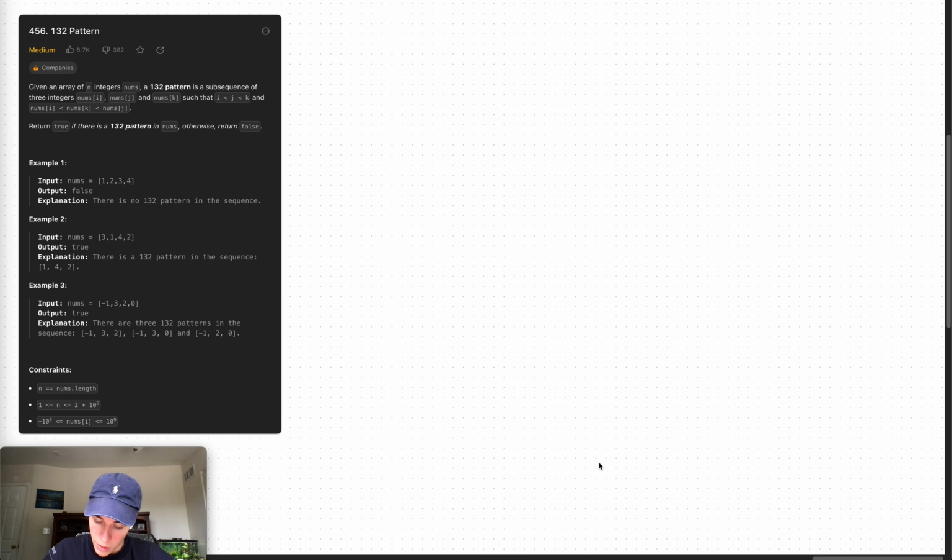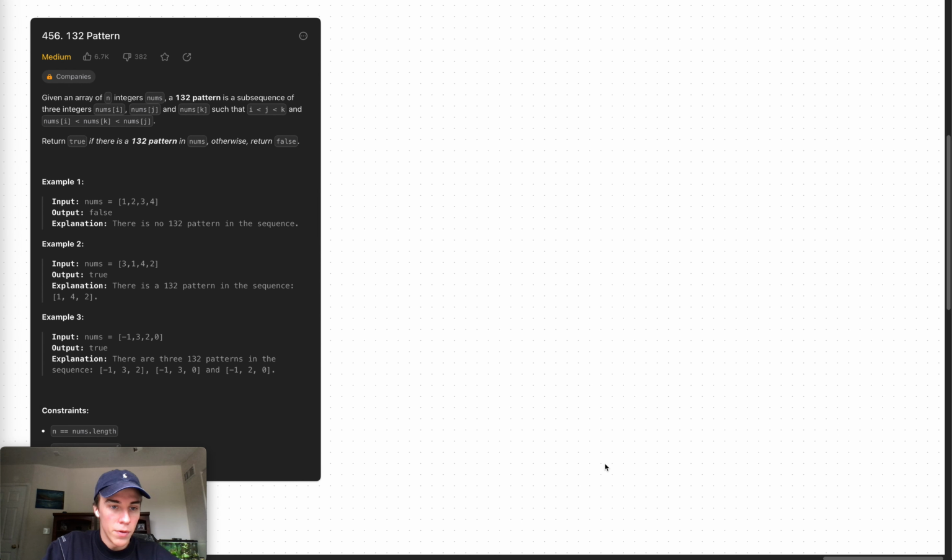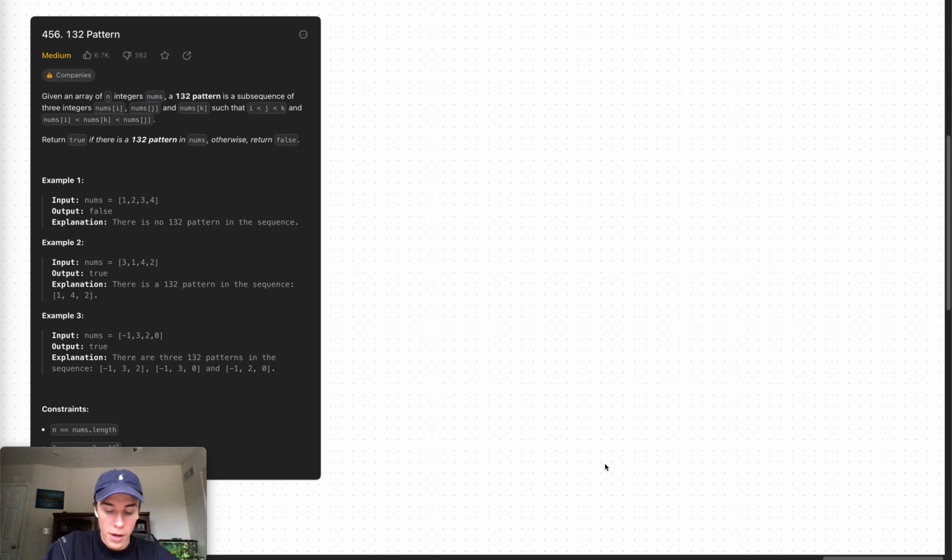And so here I'm given an array of n integers, nums. A 132 pattern, so 1-3-2 pattern, is a subsequence of three integers.